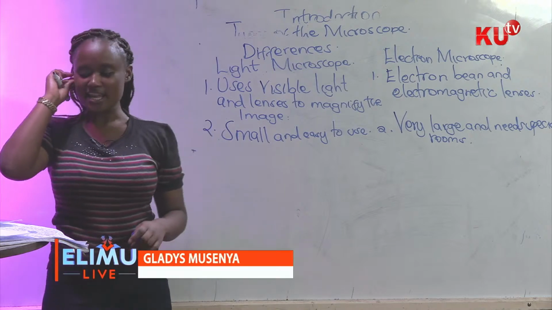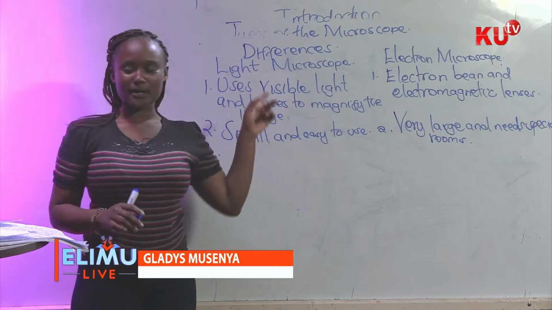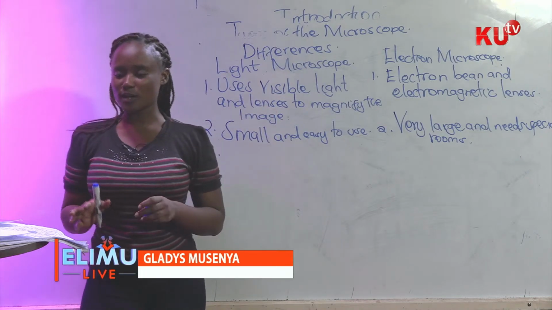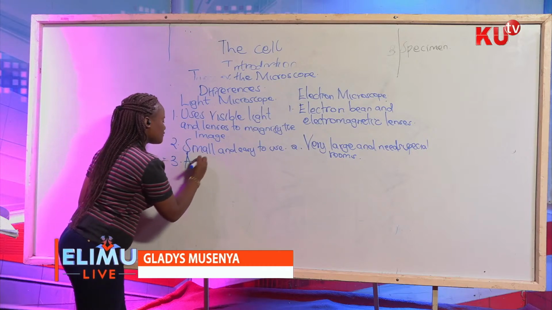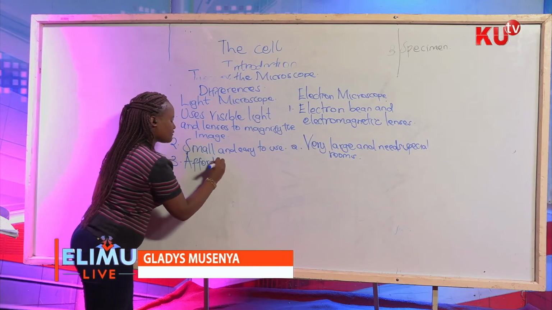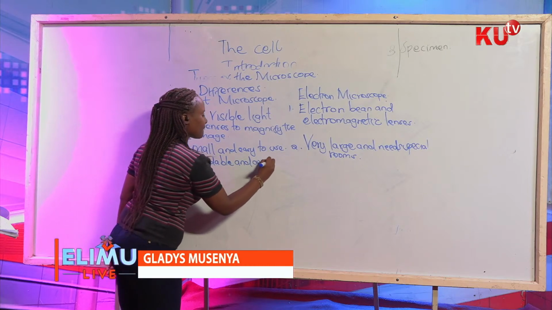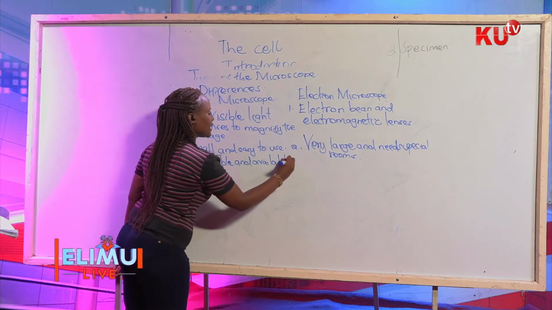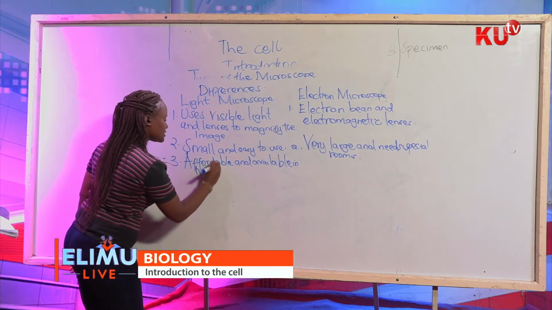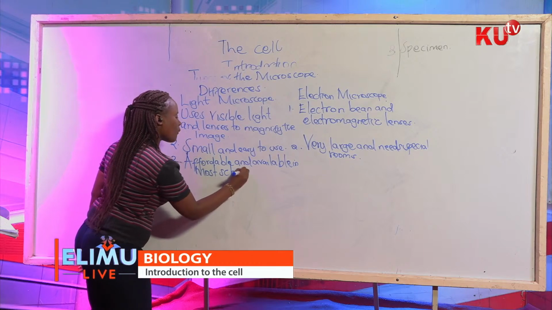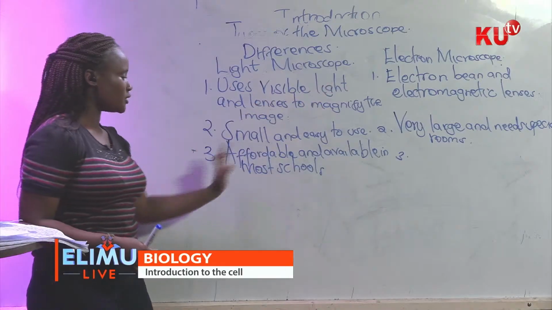Now, we go to the cost. The light microscope is affordable and available in most schools. The electron microscope is the opposite.